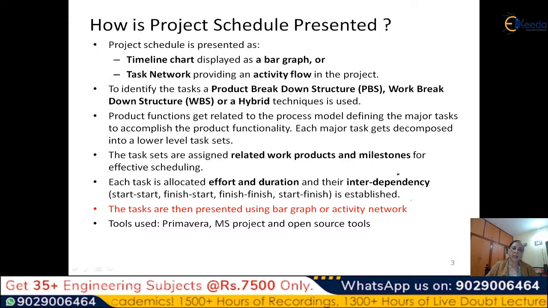The task sets are assigned. You take a set of tasks, because two small tasks you cannot deal with properly. To the task set you define a related work product and also a milestone. That means when it will be achieved, so that you can do scheduling.